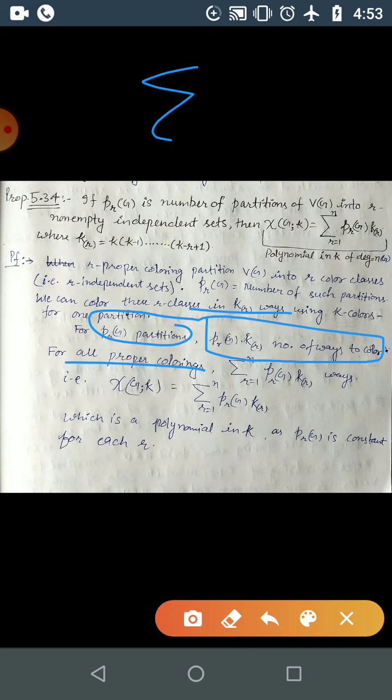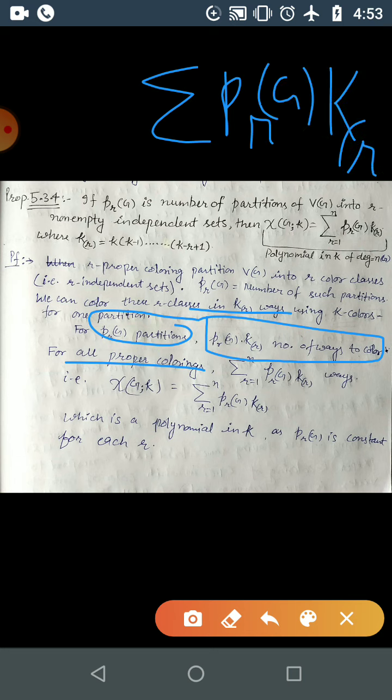So for all you will be just adding this: this can be colored using proper one coloring, or proper two coloring, and so on up to this one. So by sum rule it is P_R into K^(R), where K^(R) represents the formula K into K minus 1 and so on up to K minus R plus 1, correct?